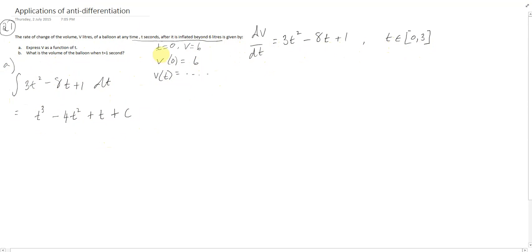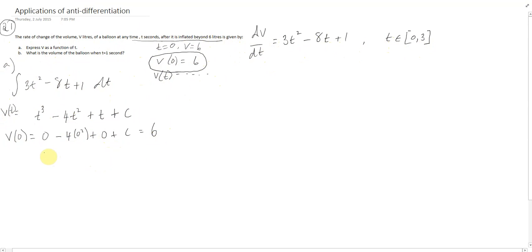To answer this question, you need to be able to read the question and get that piece of information out of it. Because our answer so far is V of t. So let's write this out. We've got V of 0. So whenever there's a t, we've got 0. 0 minus 4 times 0 squared plus 0 plus c equals 6.